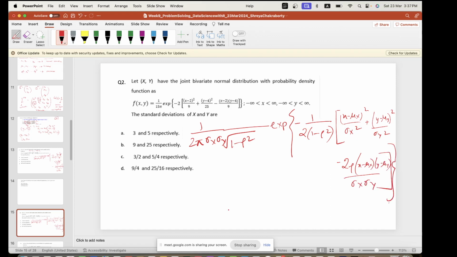This is the parameterization. So from here we can write that 2 pi sigma x sigma y into root over 1 minus rho square is equal to 15 pi.